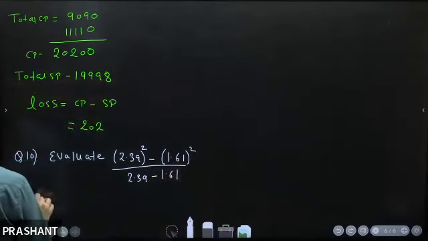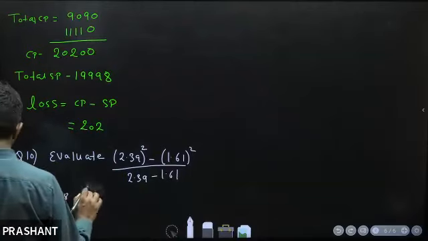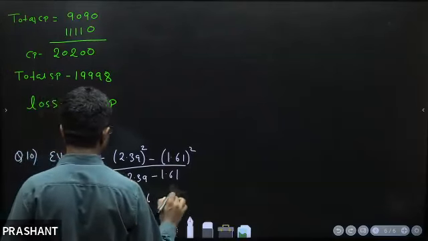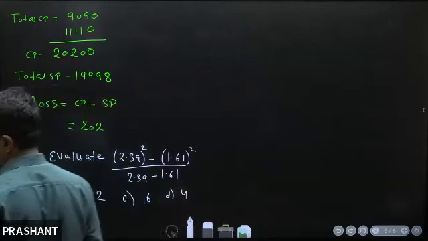Option A 0.78, option B 2, option C 6, and option D 4.